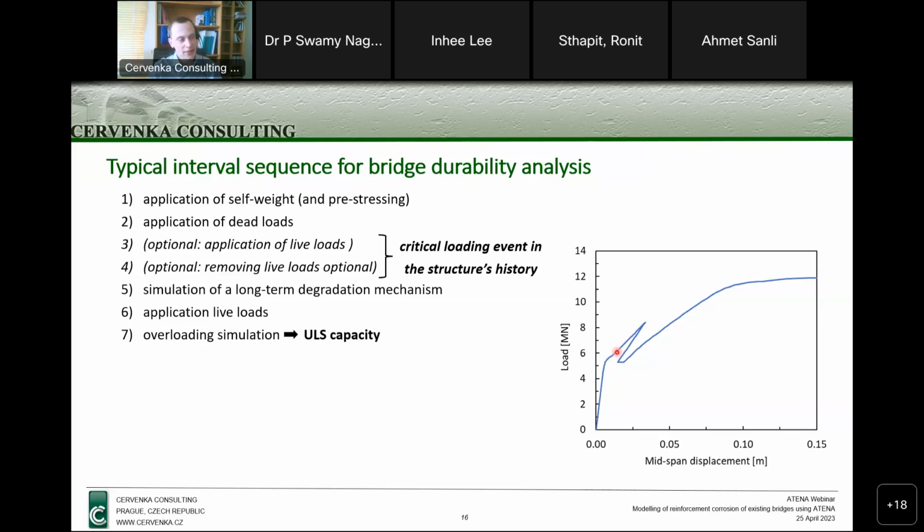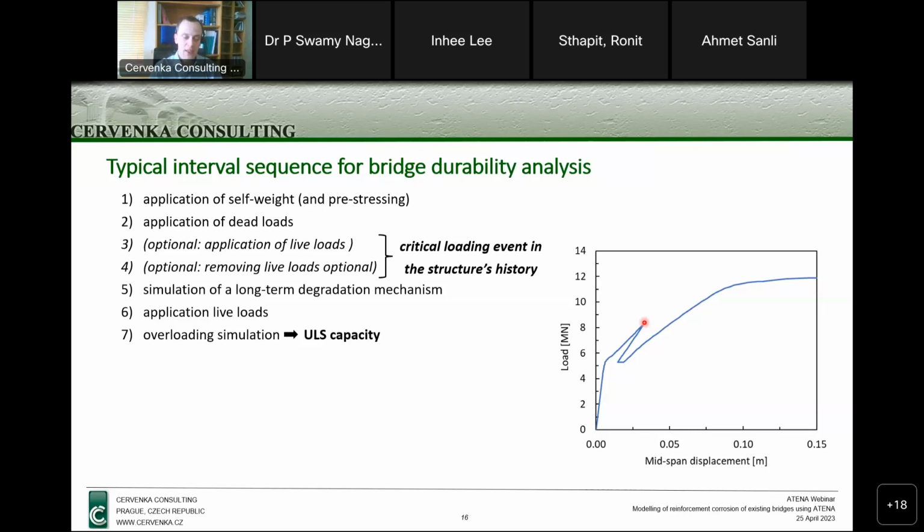Then in interval 3, the life loads, the design life loads, were applied, which increase the load level up to this point. This was associated with development of more cracks and growth in their width.